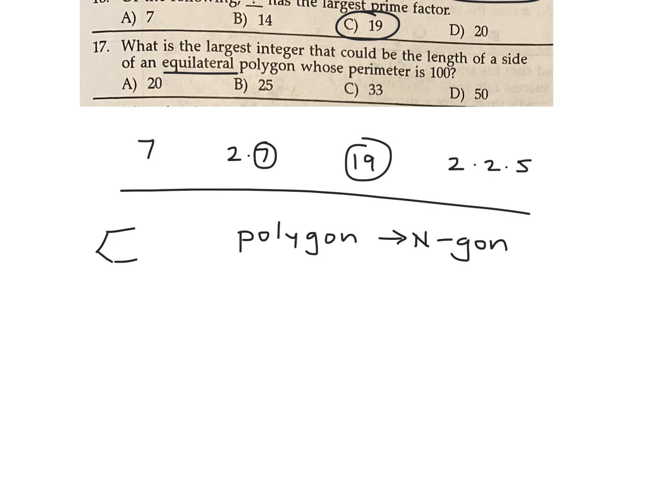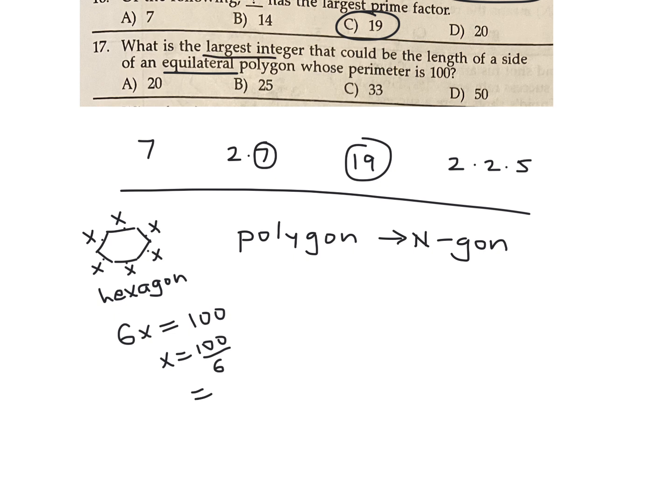So, for example, let me just say that this would be an equilateral polygon with 1, 2, 3, 4, 5, 6. So 6 is hexagon. And if the side length was x and all the sides are the same, the perimeter would be 6x. And 6x, they're saying, is 100. And x, therefore, would be 100 divided by 6, which in this case is not an integer. So there has to be an integer.